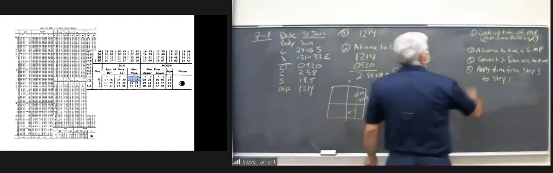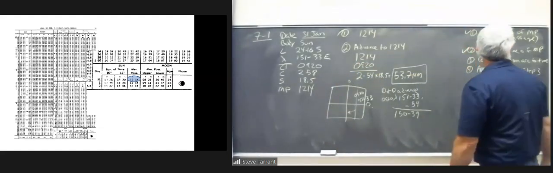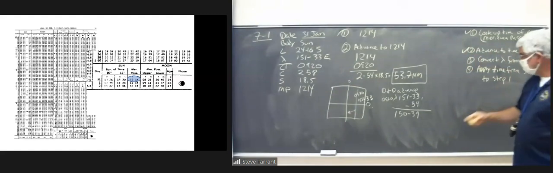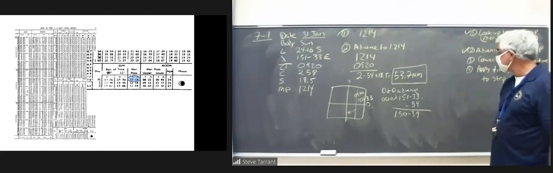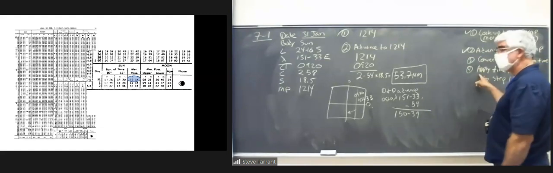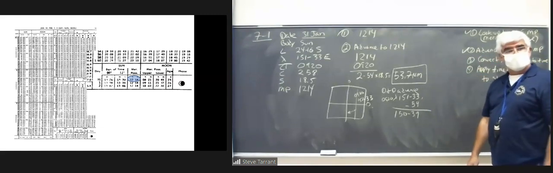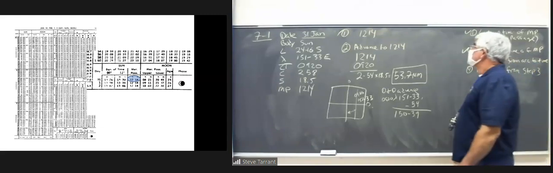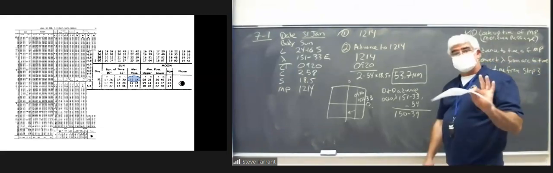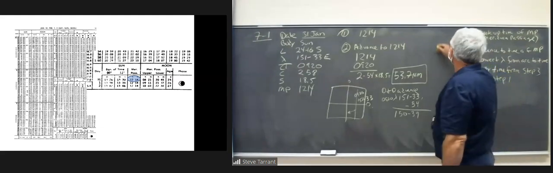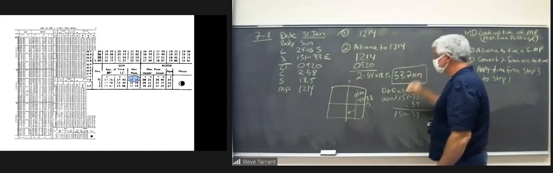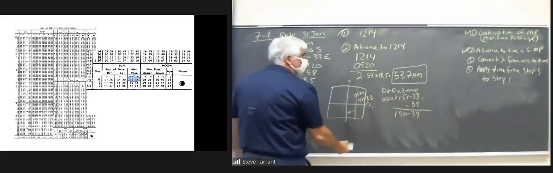So, we've done step 1. We've done step 2. Now we got to do step 3. Okay? Arc to time. Okay? And then we apply it. Okay? So, let's do this the way that's familiar to you. Okay? You ready? Okay, I'm going to go in here.